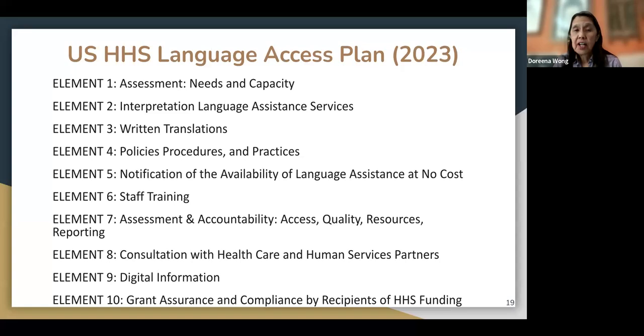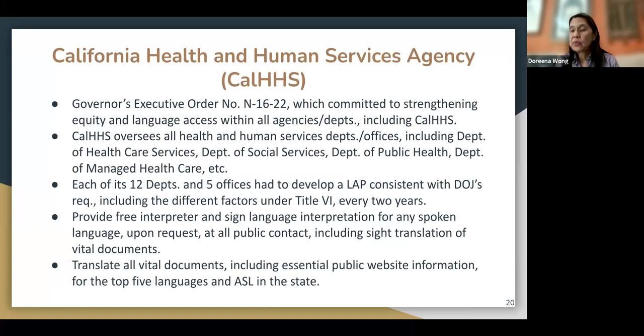Next slide. So I am having to go through the rest of the slides pretty quickly, but I did want to provide examples of different efforts to increase language access for LEP persons. First, the California Health and Human Services Agency, Cal HHS: I mentioned that it has a policy that was the result of an executive order by the governor to ensure increased language access.